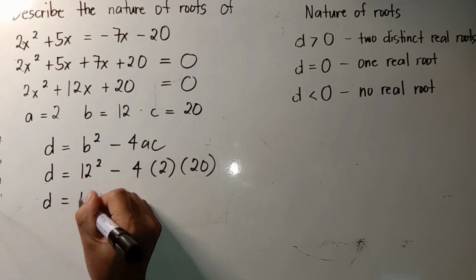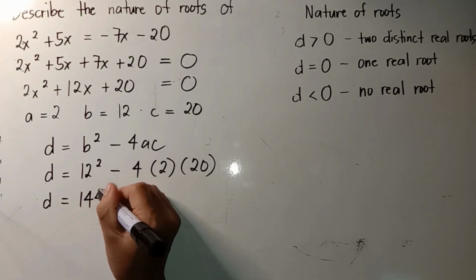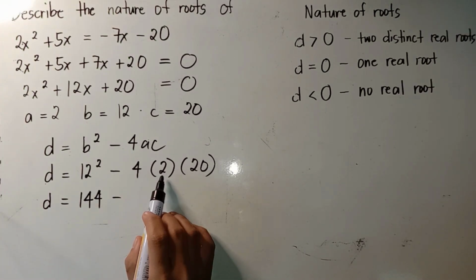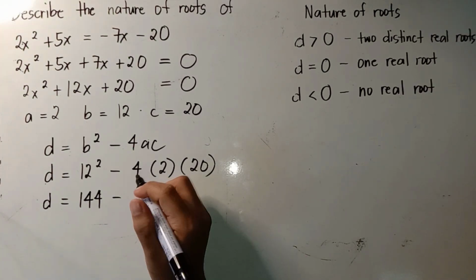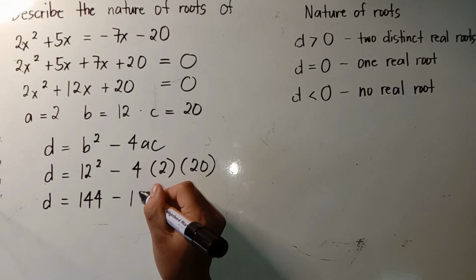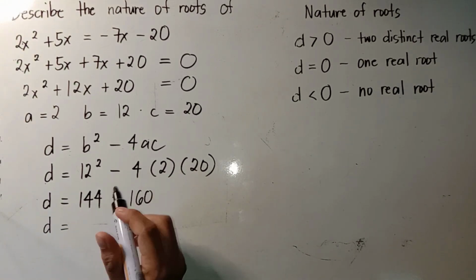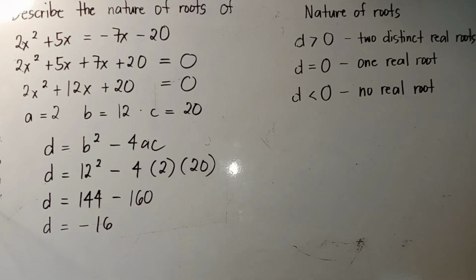So D is equal to 12 squared, that is 144, and then 4 times 2 times 20, that is 160. So D is equal to negative 16.